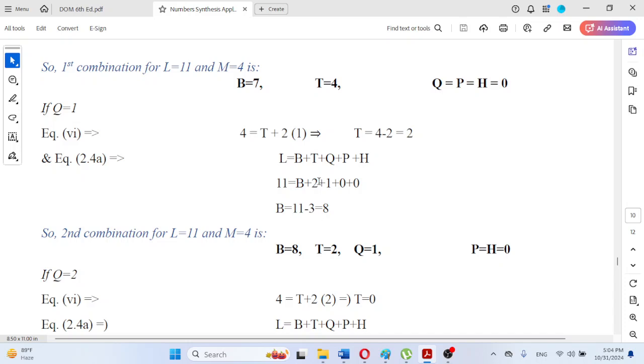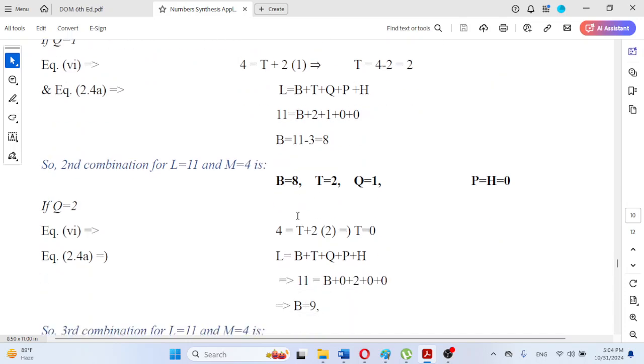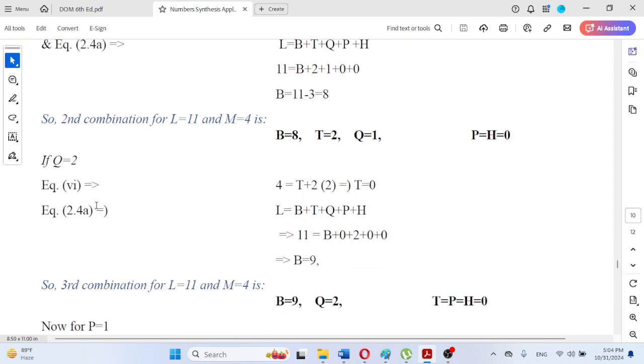So 11 minus 3 will be equal to 8. So there will be 8 binary links. So the second combination for L is equal to 11 and M is equal to 4 will be giving B is equal to 8 binary links, 2 ternary links, and 1 quaternary link, and pentagonal and hexagonal links will all be 0.